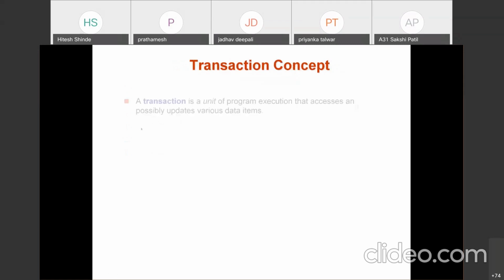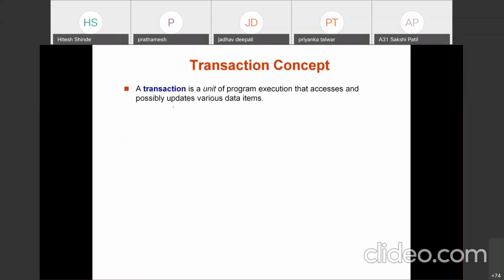The simple definition of a transaction is a unit of program execution that accesses and possibly updates various data items. Not only access, it also updates the data item.